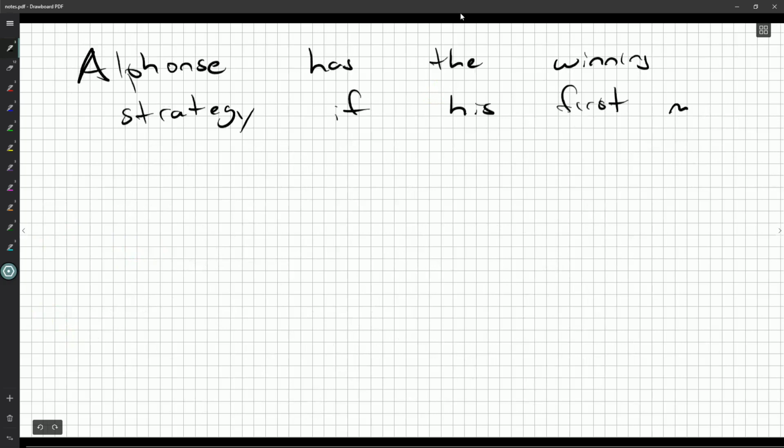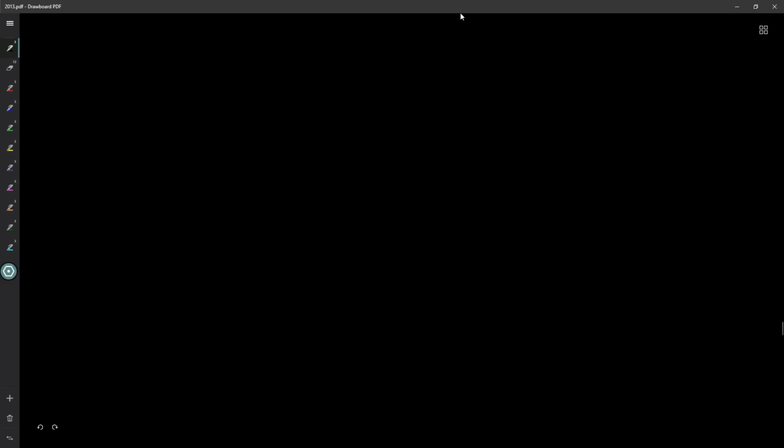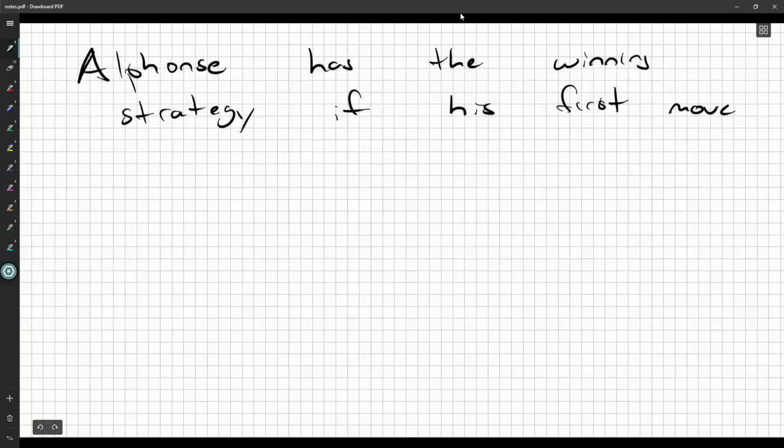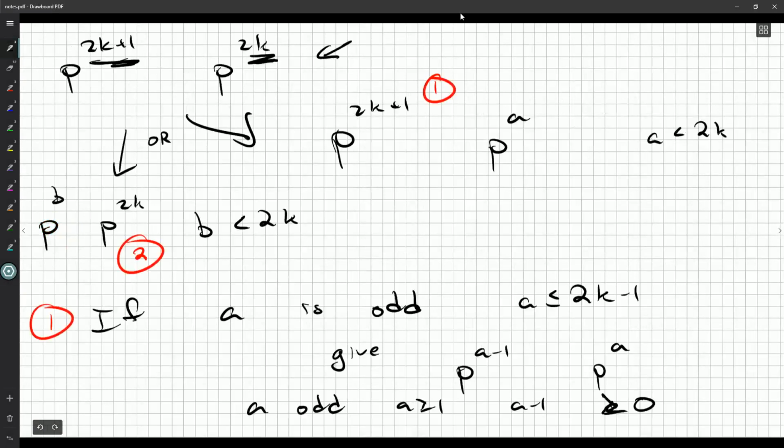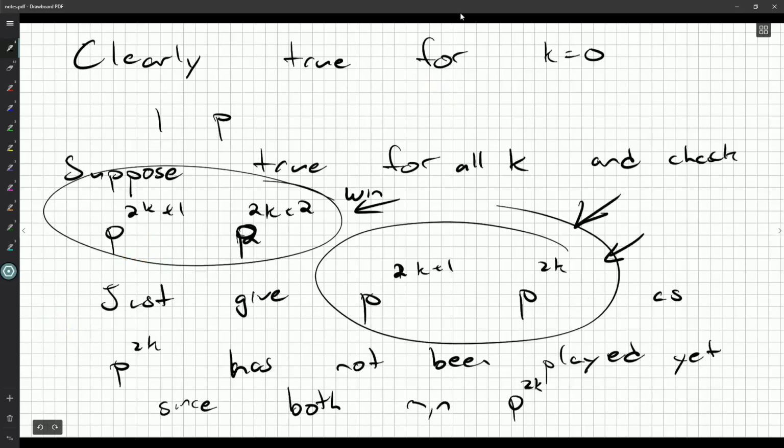If his first move, it was still 40 and 51, right? Yeah, 40 and 51. First move is to give Beryl 2 to the 40. Now, does he want 2 to the 39 or 2 to the 41? If you're presented with a higher odd than your even, you will lose. Here, the odd is higher than the even.